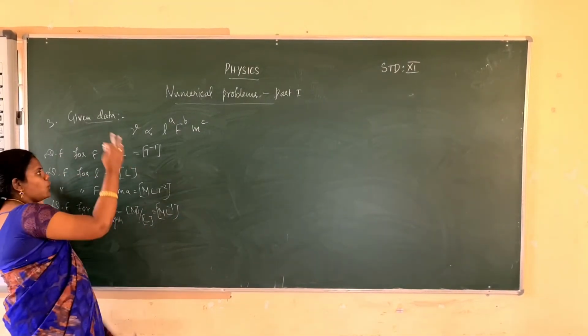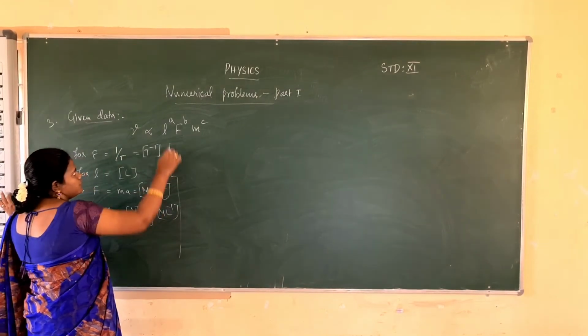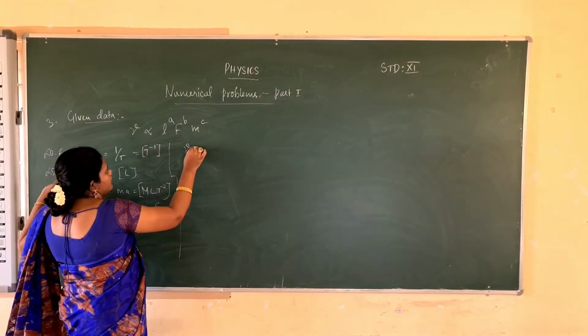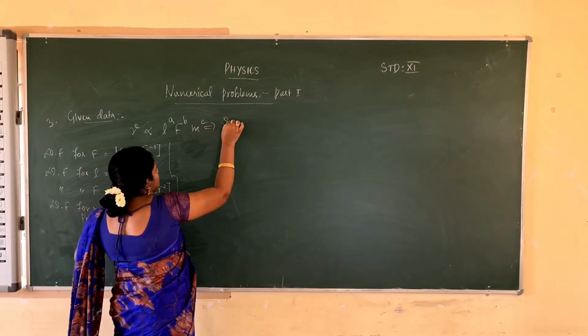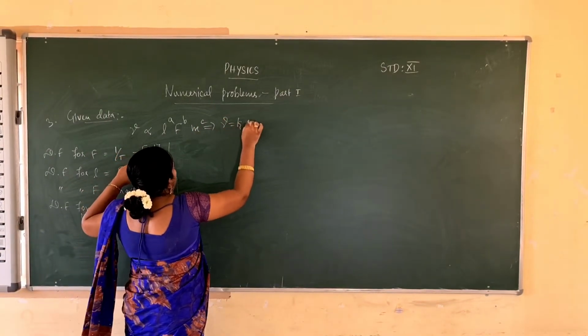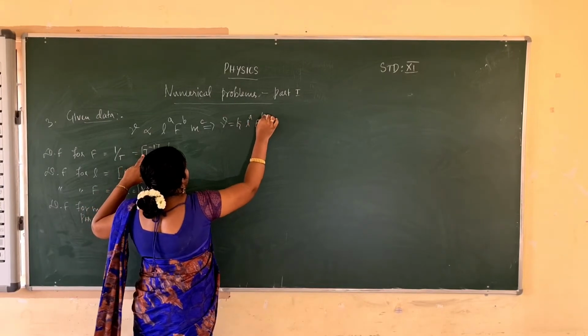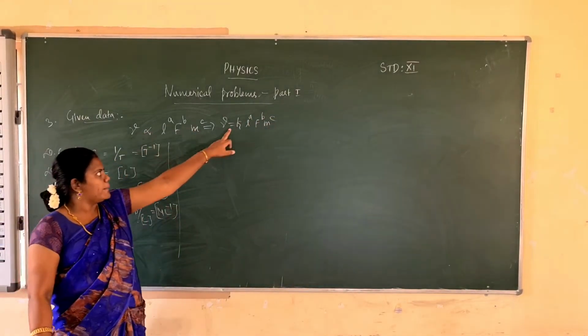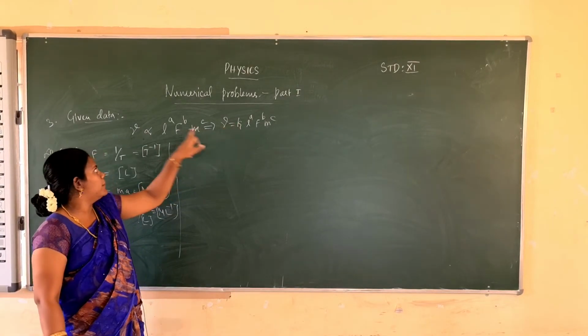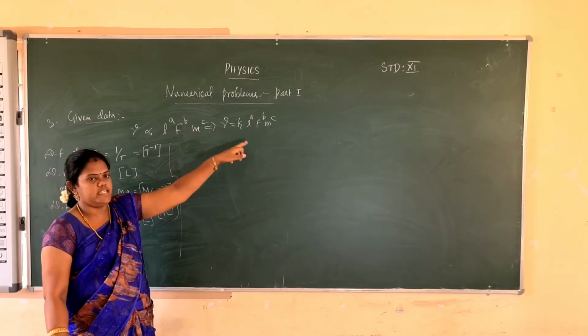So we substitute all the dimensional values in this problem. Nu is considered as k into L power A, F power B and M power C. The proportion is cancelled out by applying one constant, k.